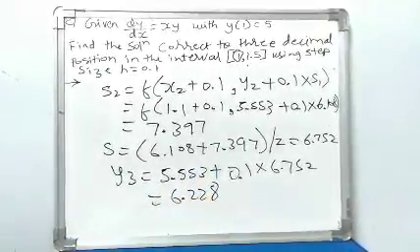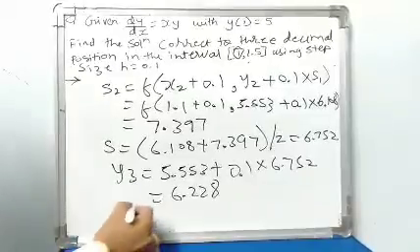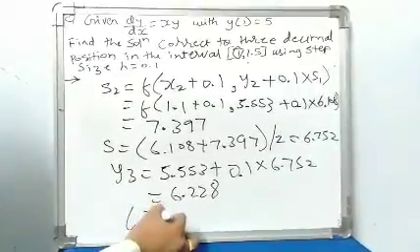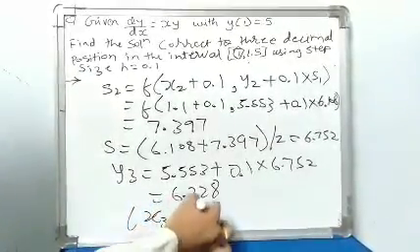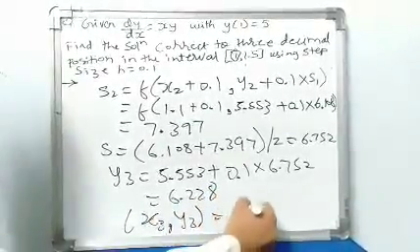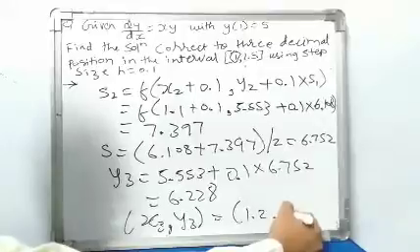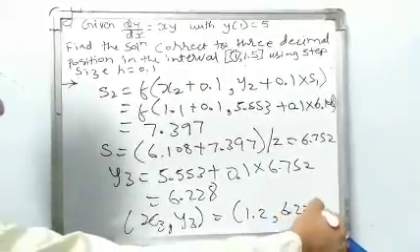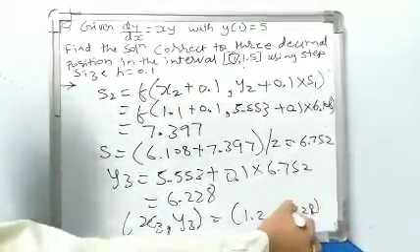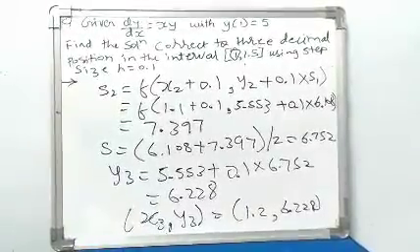Thus the third solution point is obtained as x3 comma y3 equal to 1.2 comma 6.228. So this is our second iteration value.